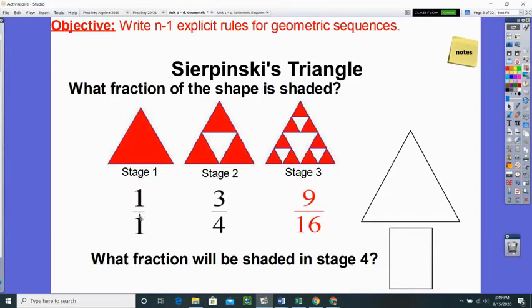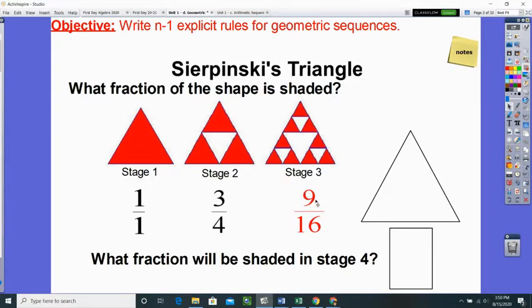So look at this and think of it as a sequence, okay? And look how it's changing. And can you come up with the next term, which would have been the stage 4, without looking at the picture? Can you see the pattern here? So notice that I'm multiplying the bottom by 4 times 4, and I'm multiplying the top by 3 by 3.